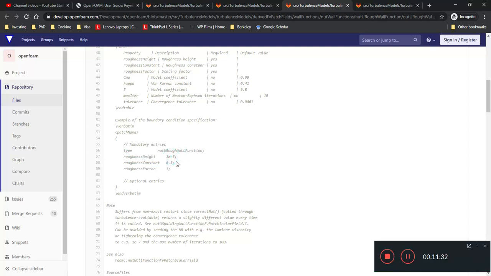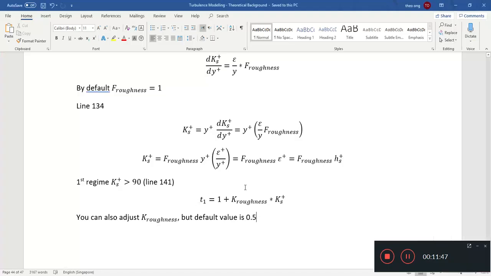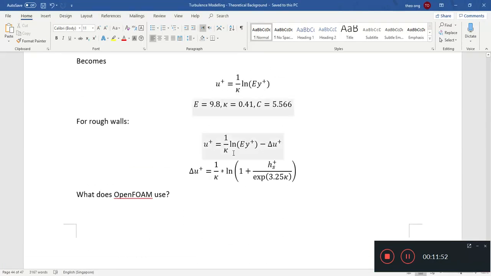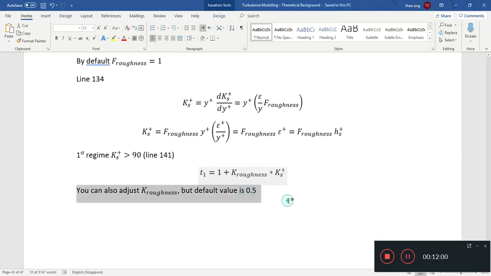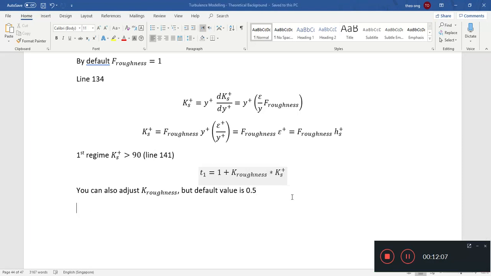So this is 0.1 times 10 to the minus 2 millimeters, or 1 times 10 to the minus 5 meters, or 10 micrometers. Roughness constant is 0.5 by default. Roughness factor is 1 by default. These are some suggested entries. Of course we can adjust till we get this value, which is what we want. We can adjust k roughness as well, but we tend to like to leave it at 0.5. Okay, so this is T1.